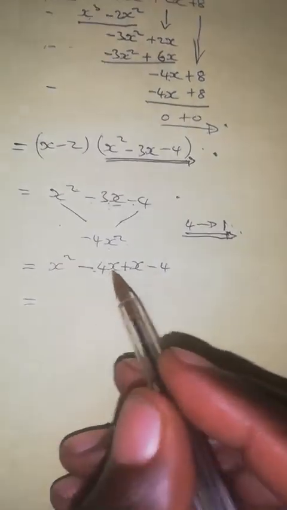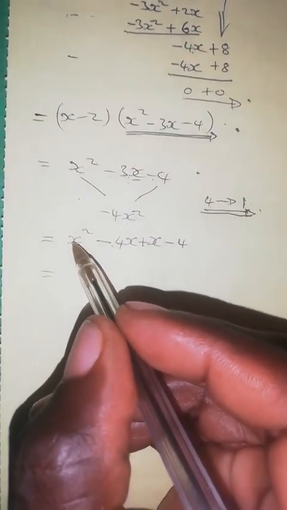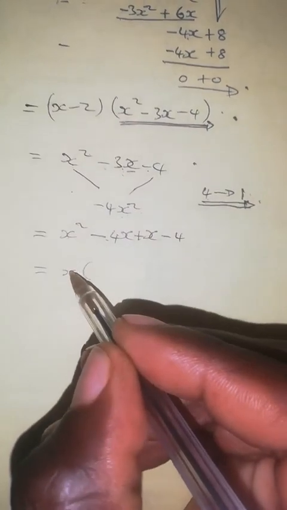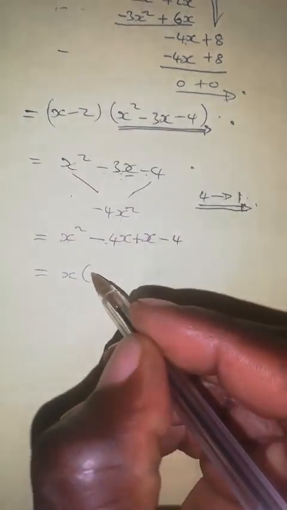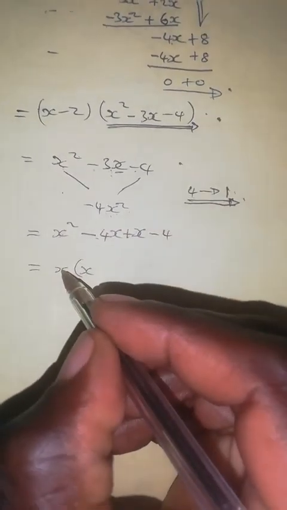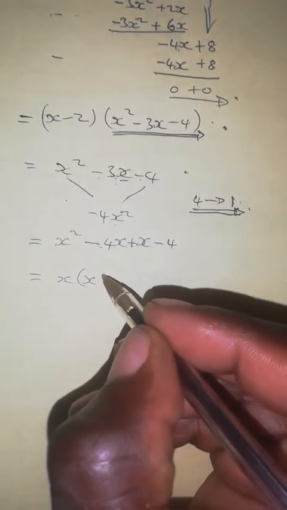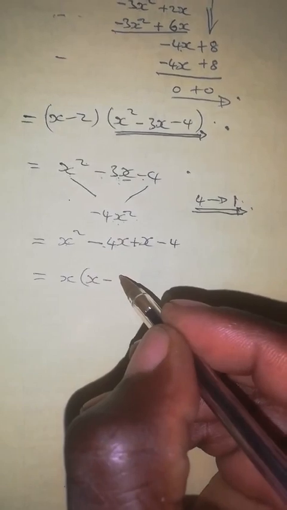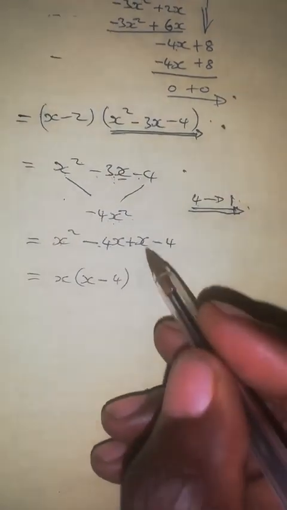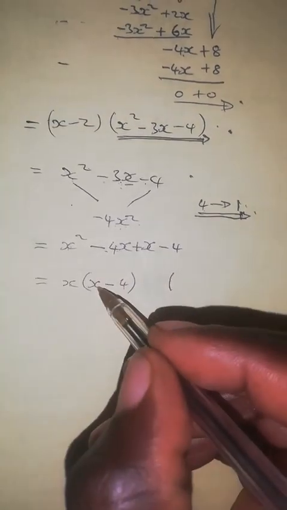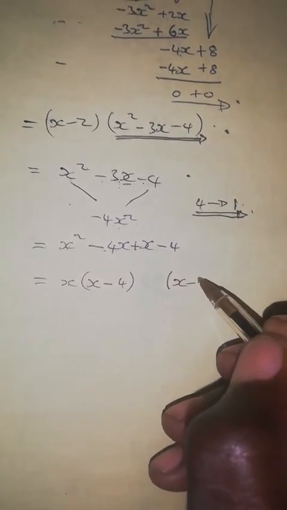Which is equals to, now we factorize here. We factor out x. Then x into x squared, it's x. X into minus 4x, it's minus 4. We leave a gap here. We rewrite the bracket x minus 4.